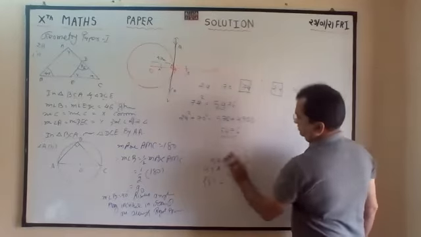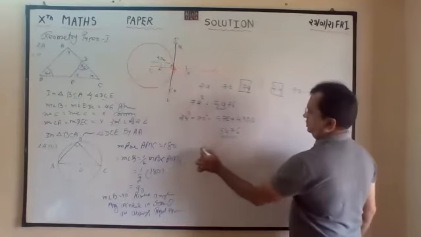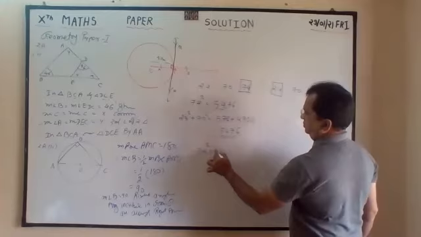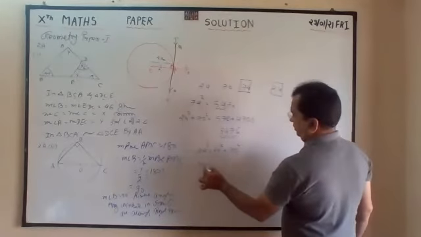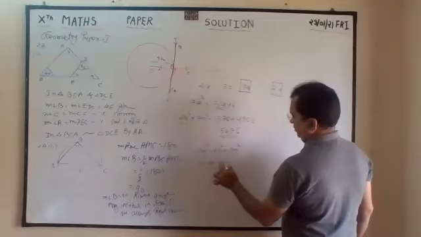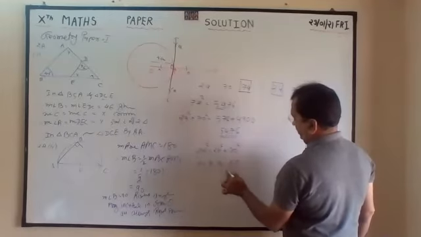So both are equal. So you can write 74 square is equal to 24 square plus 70 square. Therefore, 24, 70, 74 is a Pythagorean triplet.